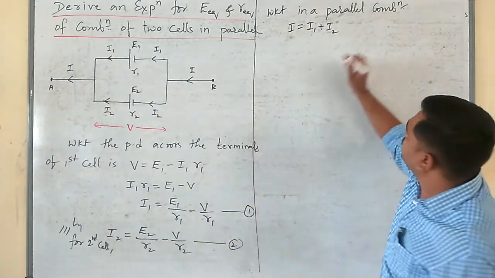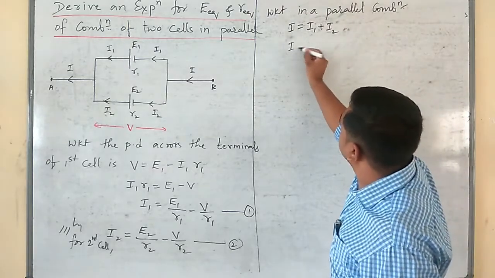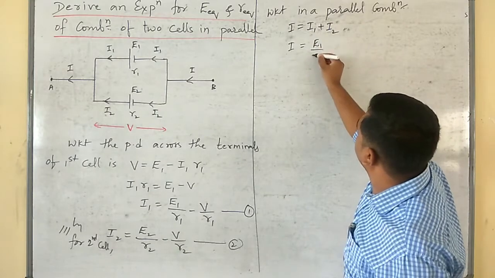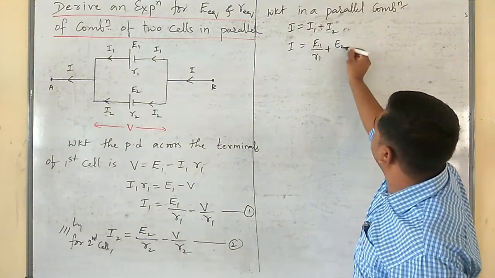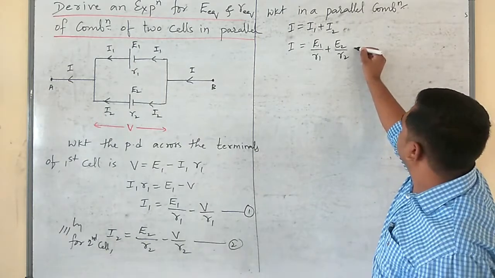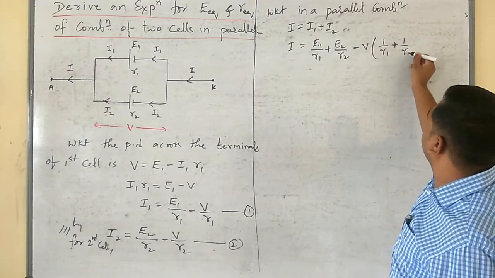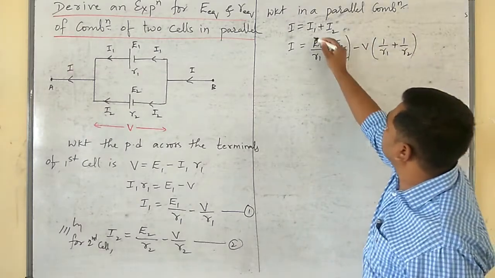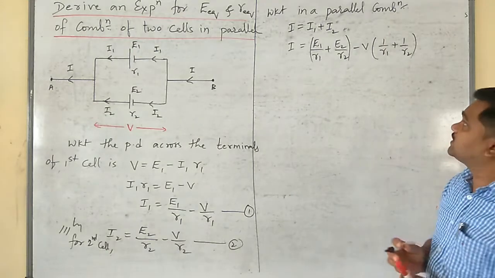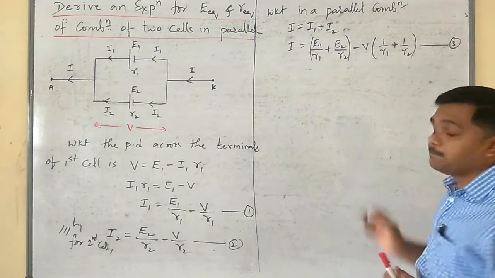If we add these two equations, we get E1 by R1 plus E2 divided by R2, minus V times, taking V outside, the bracket 1 by R1 plus 1 by R2. Call this equation number 3.